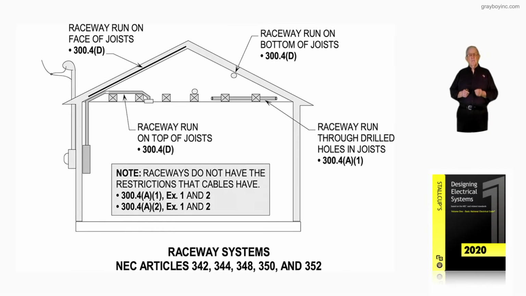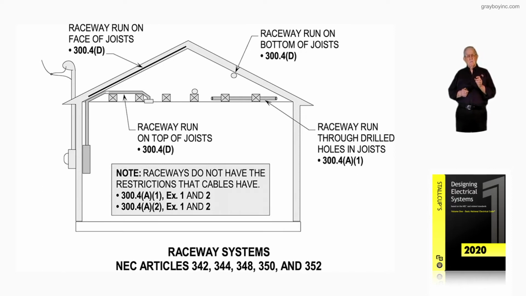Now, this illustration deals with raceway systems. Again, in accordance with 342, 344, 348, 350, and 352, which is some of our most popular raceway systems that we would use.